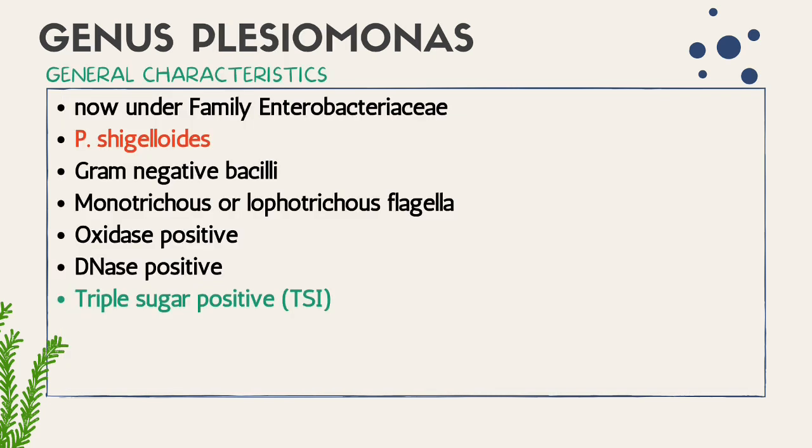So now we're done with the last genus under our miscellaneous enteric pathogens, and this is your genus Plesiomonas. It is now under the family Enterobacteriaceae, and the only species considered under this genus is your Plesiomonas shigelloides. This is a gram-negative bacilli just like your several miscellaneous enteric pathogens and usually has monotrichous or lophotrichous flagella. Monotrichous is one flagellum; lophotrichous is polar with multiple flagella.